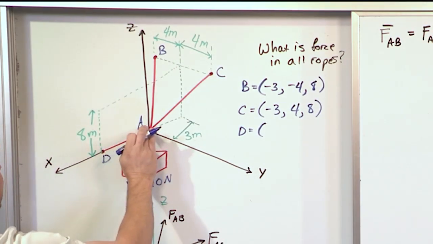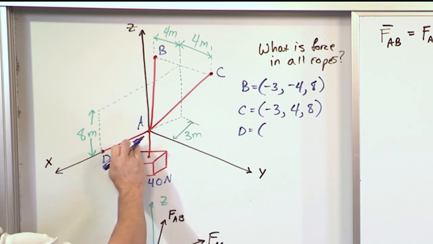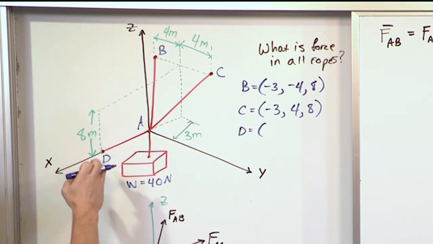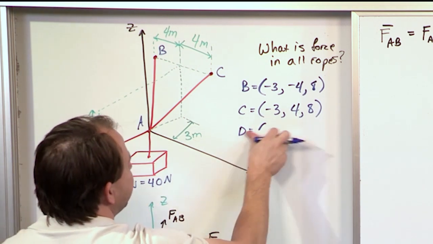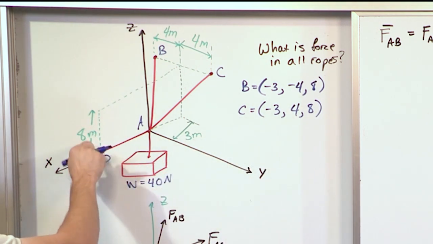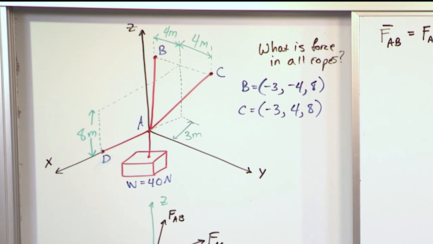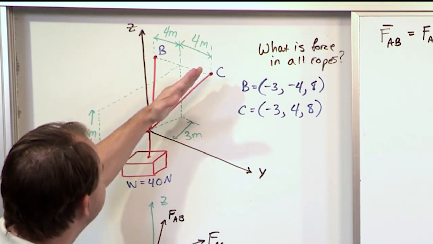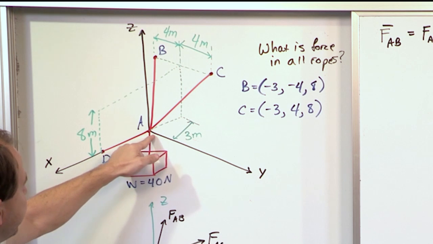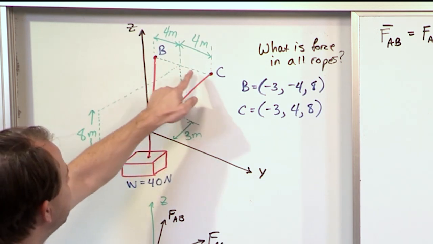I didn't actually give you a length here, so we don't really know what this point is, and you think you're kind of stuck. But for now, just erase it. You'll find out later that you really don't even need to know this distance, and that's why we didn't give it in the problem. But in order to find this vector and this vector, I need to know the starting point, which is all zeros, the origin, and I have the ending point of everything.